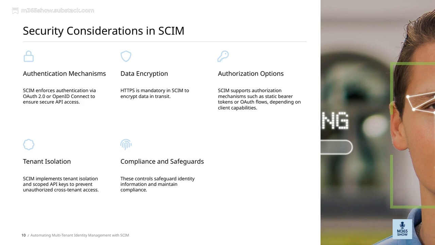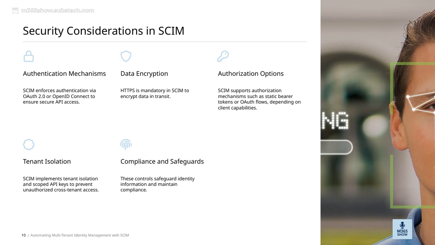When it comes to authorization, SCIM supports different mechanisms depending on what the client can handle. For example, static bearer tokens or OAuth flows are commonly used, giving flexibility while maintaining security. And because data is always transmitted over the internet, HTTPS is mandatory. This encrypts the data in transit, making it much harder for anyone to intercept or tamper with the information.